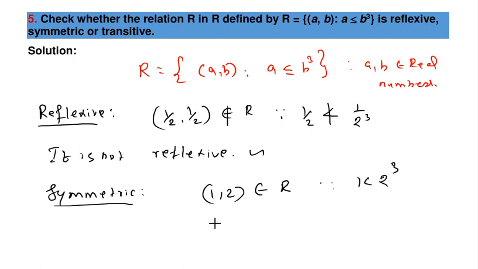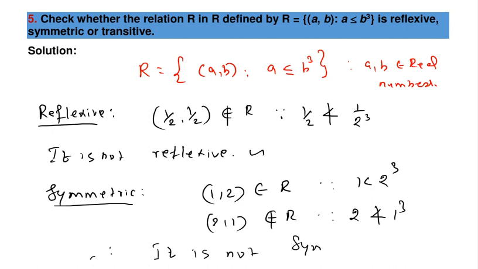And (2, 1) does not belong to R, because 2 is not less than 1 cube, and therefore it is not symmetric. It is not symmetric. We proved it is not reflexive, and we confirmed it is not symmetric.